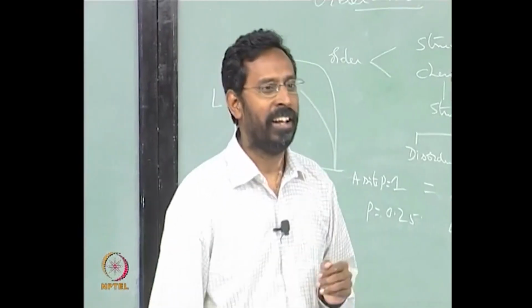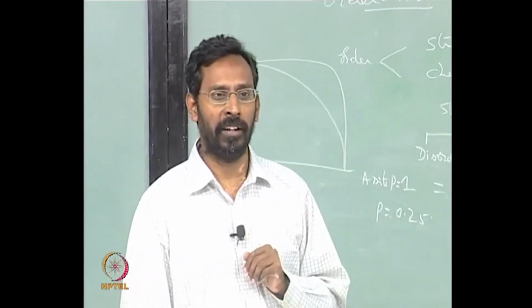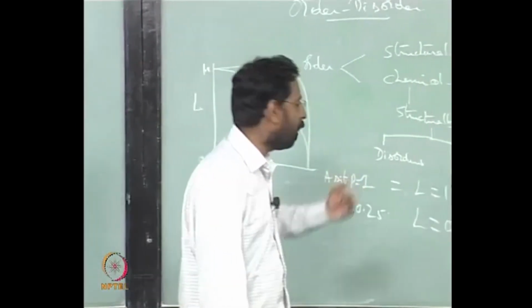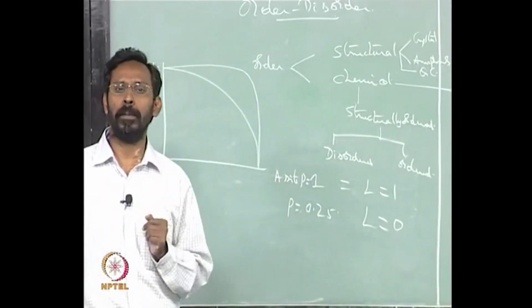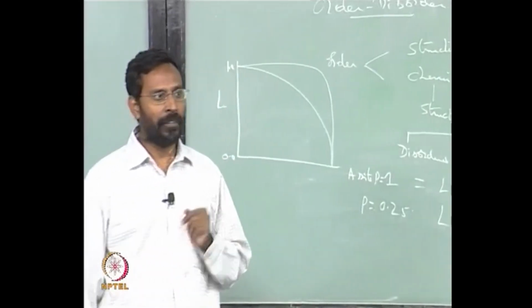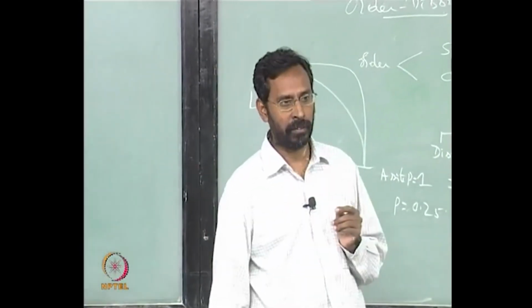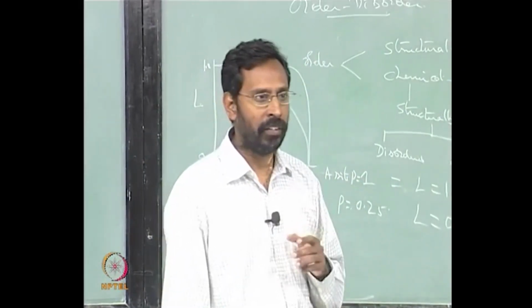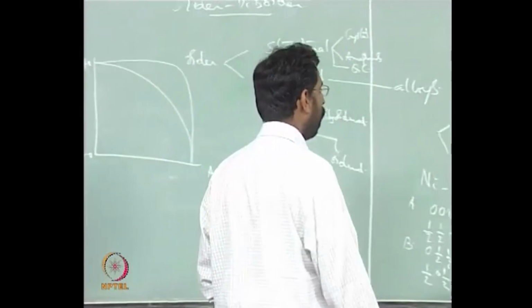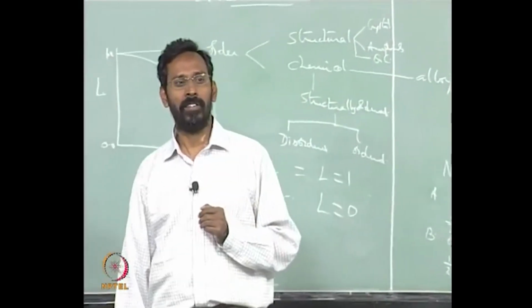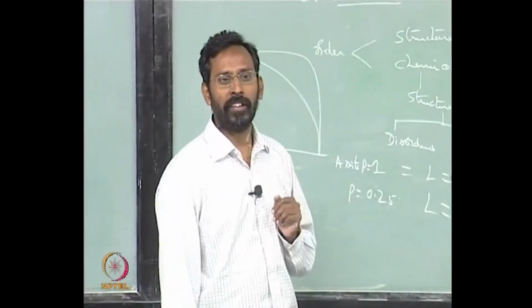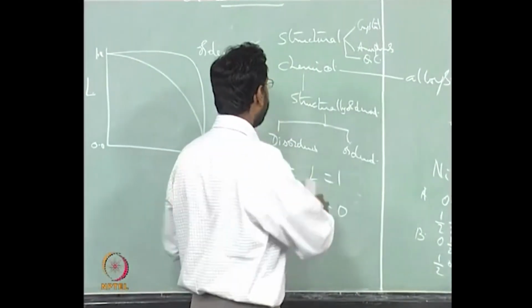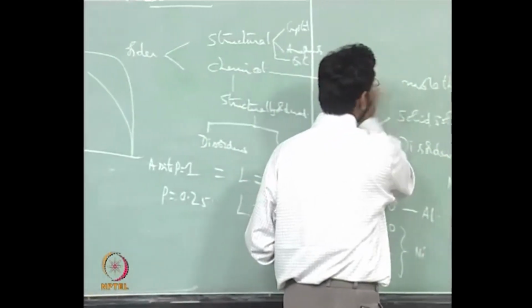but it is not easy to find out where the atoms are sitting, but there is an indirect way we can find out the long range order by looking at the XRD patterns. If you take a perfectly ordered structure, Ni3Al, let us say, which people have made by some process, and do an XRD of it, and then find out what is the basic difference between the ordered structure and disordered structure.